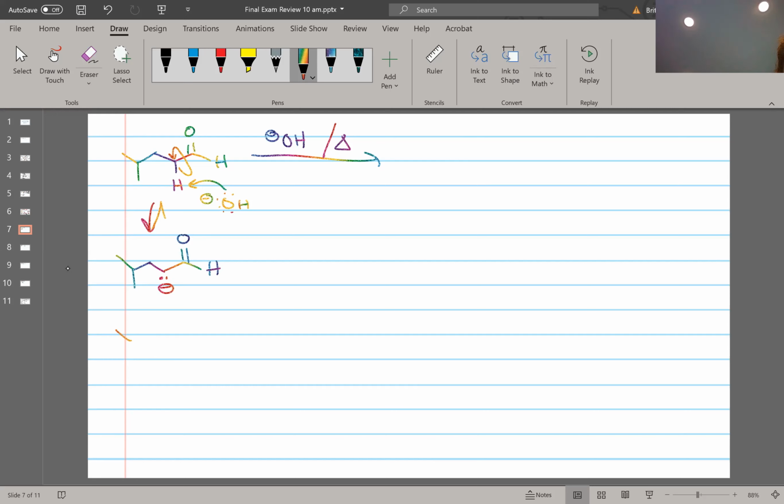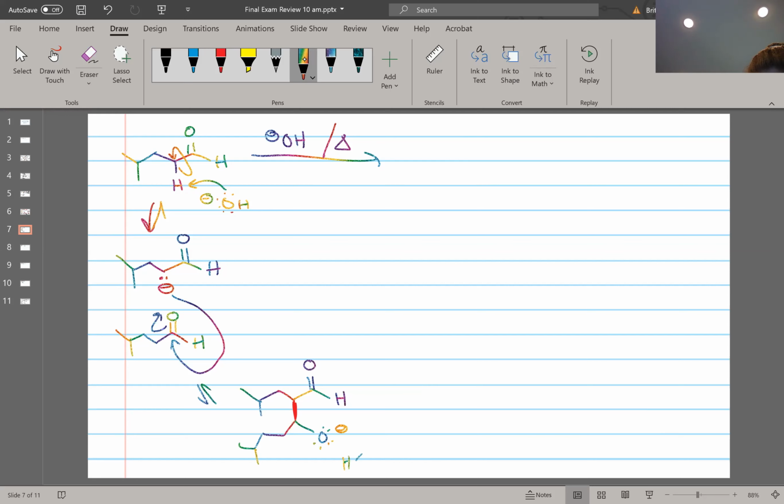And then you would attack another equivalent of the aldehyde. So this would be our original aldehyde coming back. Here's the new bond that we would have just created. 1, 2, 3, 4, 5. And we'd have an alkoxide ion there.